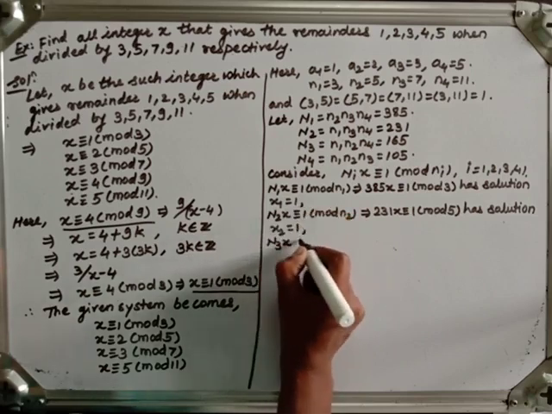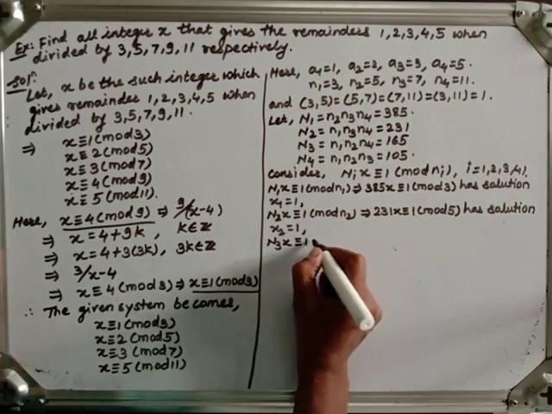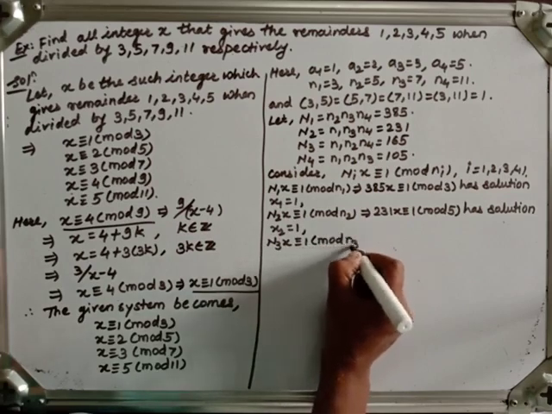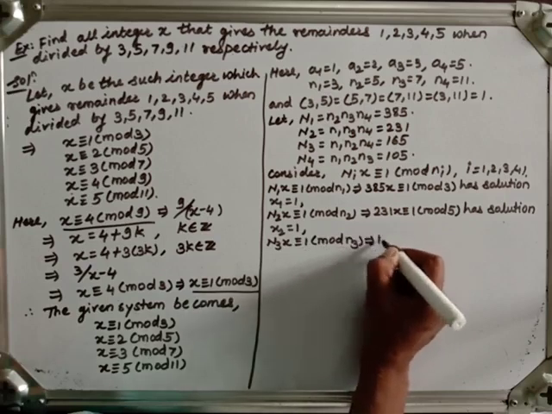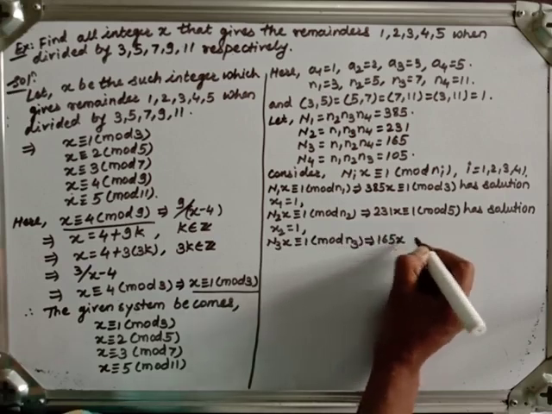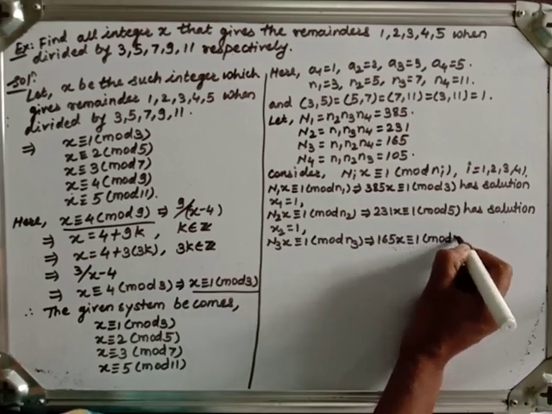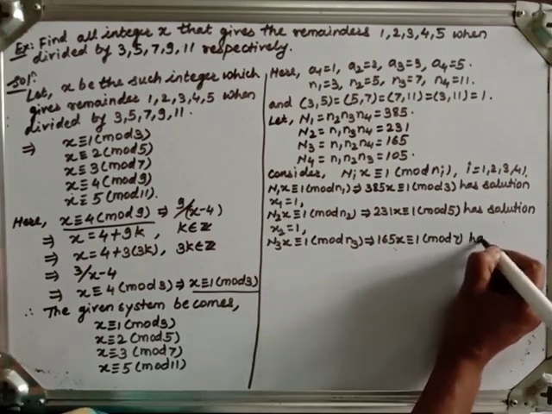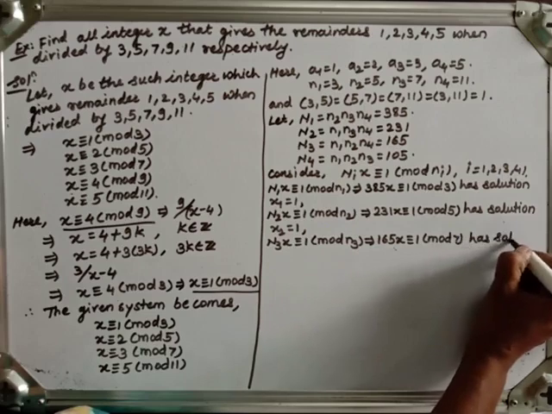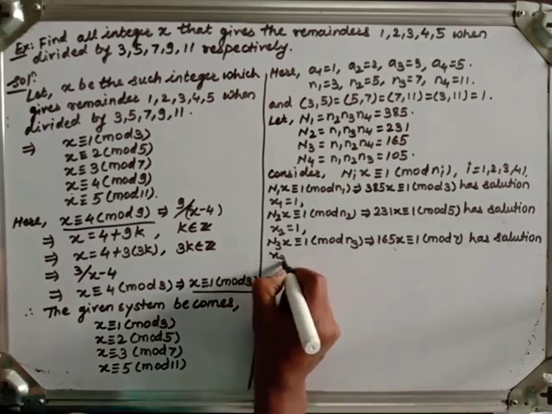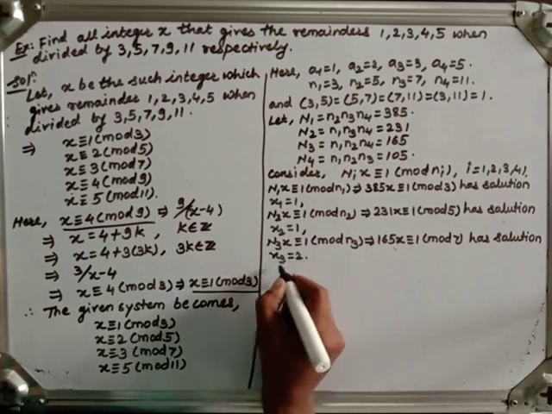N3 x congruent to 1 modulo n3 gives 165x congruent to 1 modulo 7 has solution x3 equal to 2.